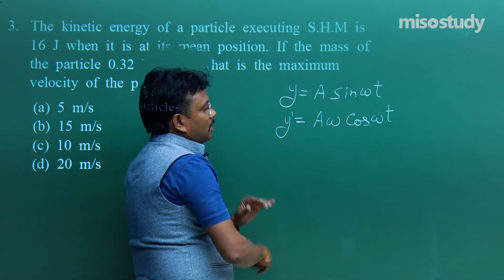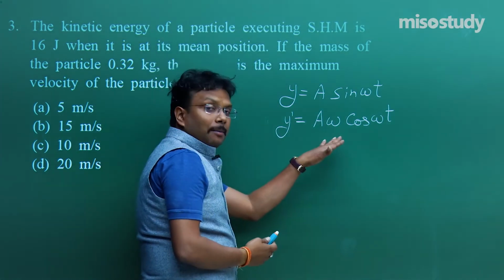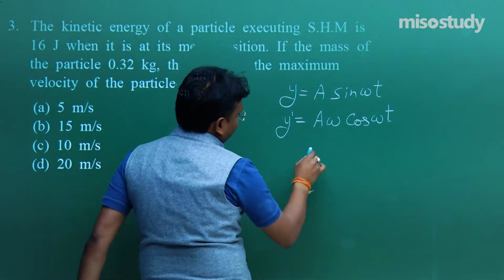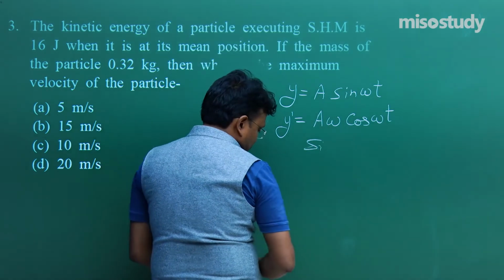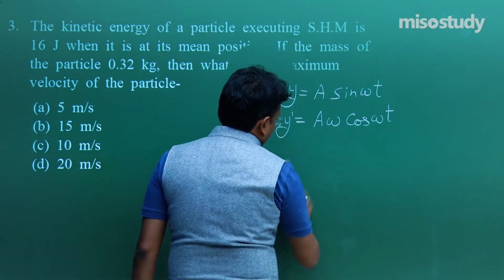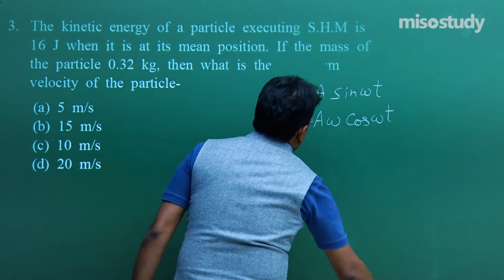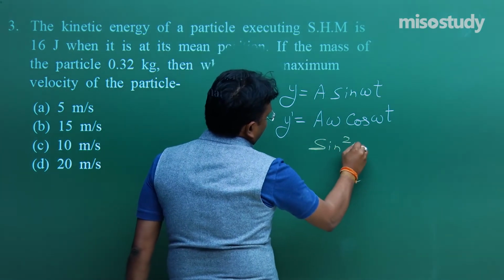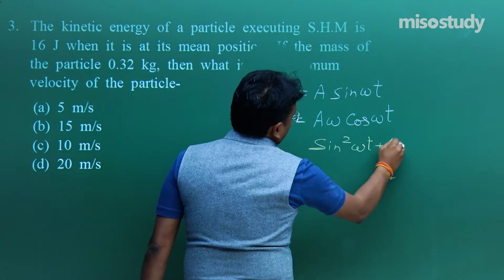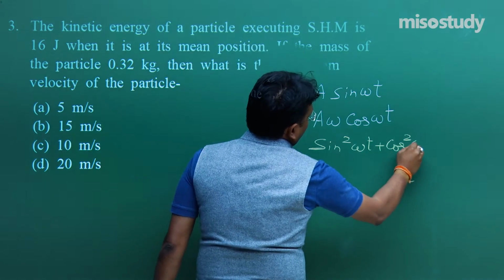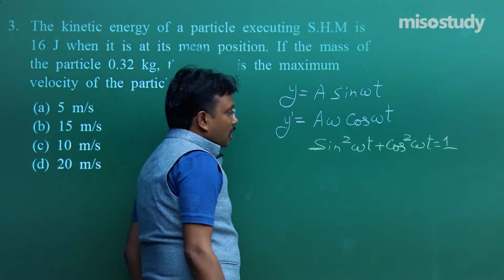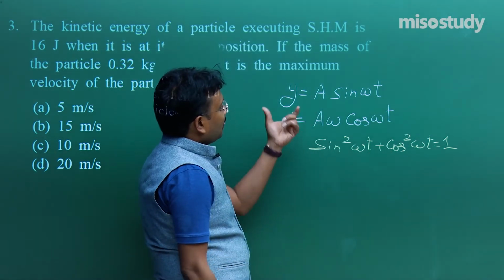Now here I am going to do some sort of makeup of this function for some fancy dress competition. What is that? Sine, I think I should use a different color chalk, that is much better option. Sine square omega t plus cos square omega t is equal to 1. No problem. Now do one thing.